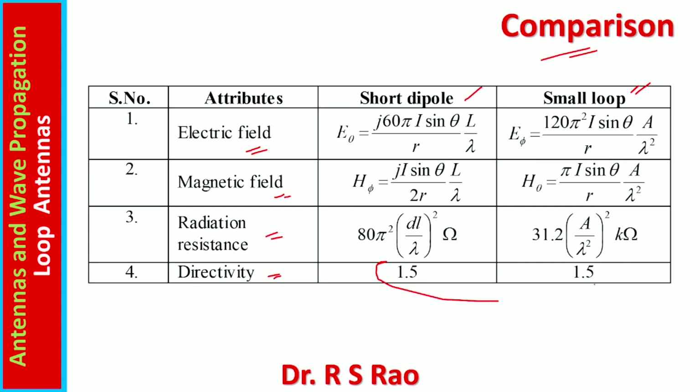Directivity is the same. Radiation resistance expressions differ. Electric field and magnetic field expressions are given. In the case of a short dipole, the electric field is in the theta direction. In the case of a small loop, it is in the phi direction. Magnetic field is in the phi direction in the case of a short dipole, and in the theta direction in the case of a small loop.